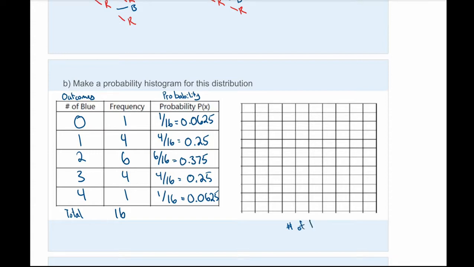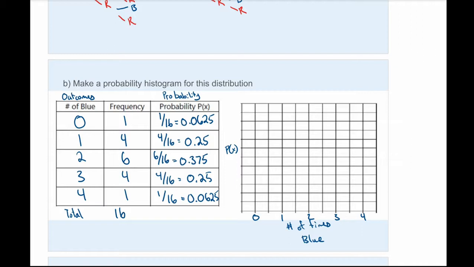So number of times blue will be our x-axis or independent variable. So we'll look at 0, 1, 2, 3, and 4. And probability will be on our dependent or y-axis.